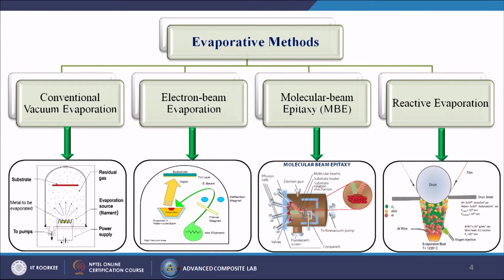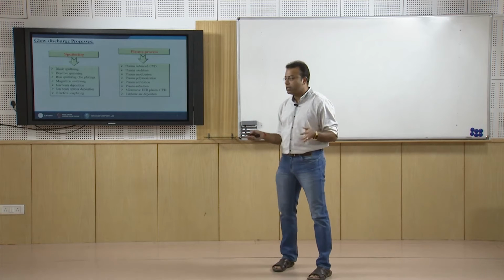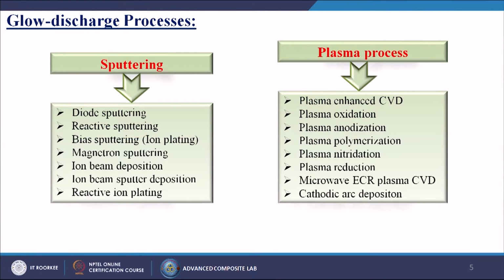There are also several types of glow discharge process available nowadays: diode sputtering, reactive sputtering, bias sputtering, magnetron sputtering, ion beam deposition, ion beam sputter deposition, and reactive ion plating. When talking about plasma processes, there are also several types: plasma enhanced, plasma oxidation, plasma anodization, plasma polymerization, plasma nitridation, plasma reduction, microwave ECR plasma CVD, and cathodic arc deposition.